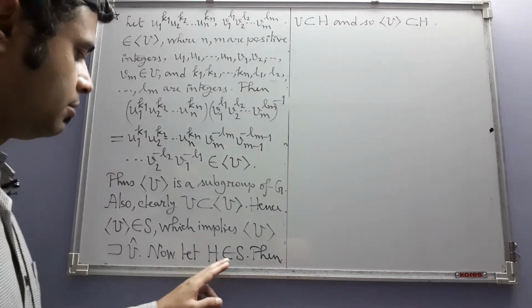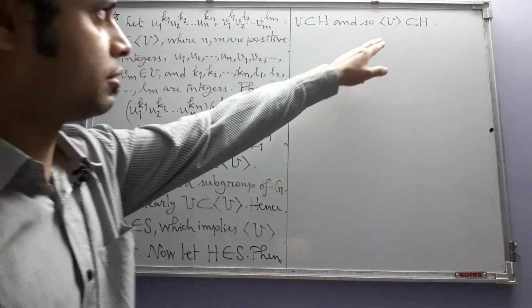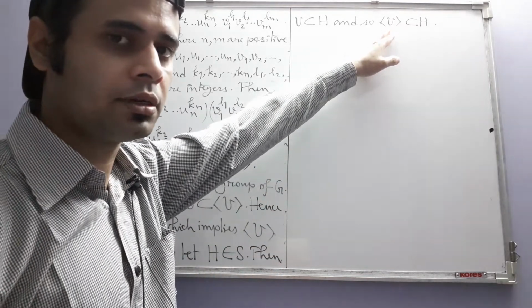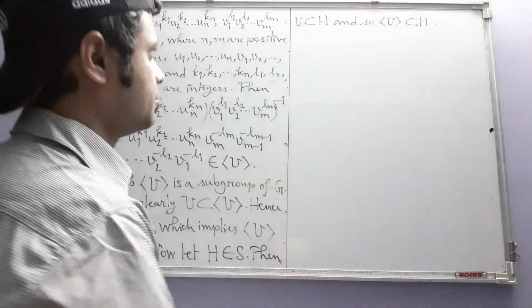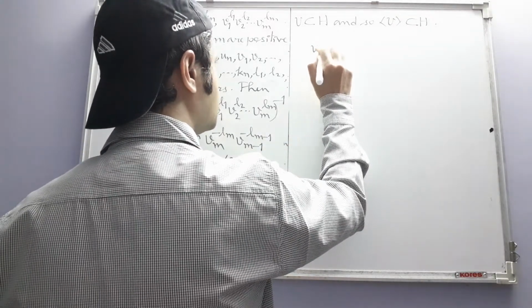Because you see, how does the general element of this subgroup look like? Like this.